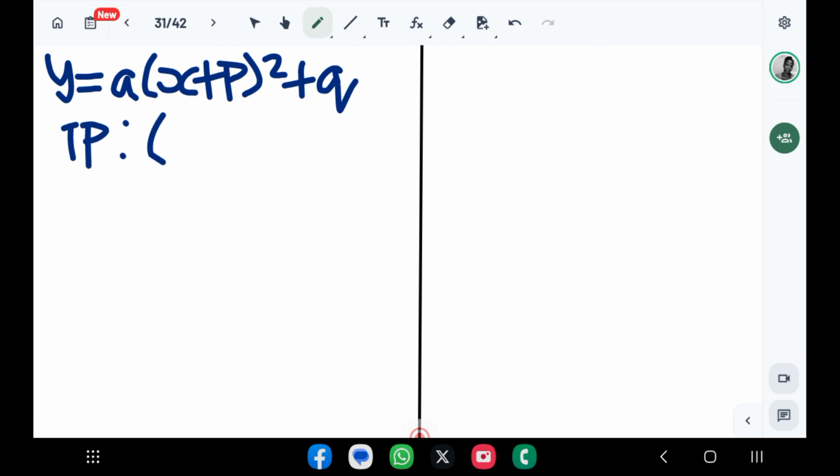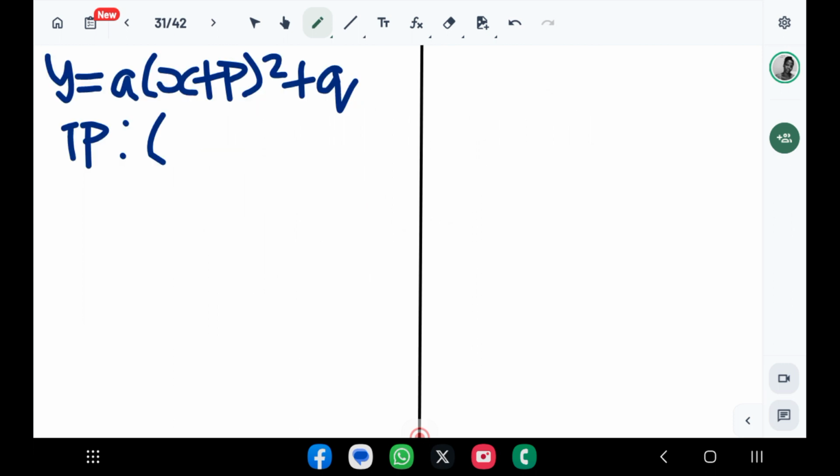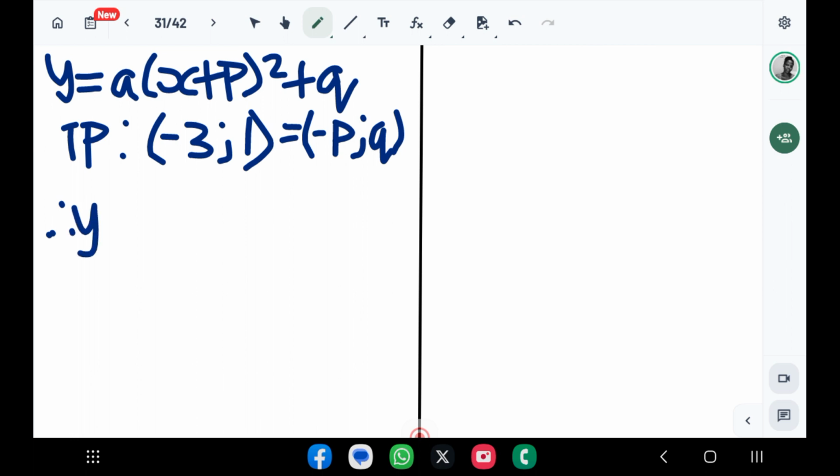The turning point is the point negative 3, 1. Remember, we know that the turning point is minus p, q. Therefore, y will equal a in bracket x plus p, which is x plus 3, all squared plus 1.